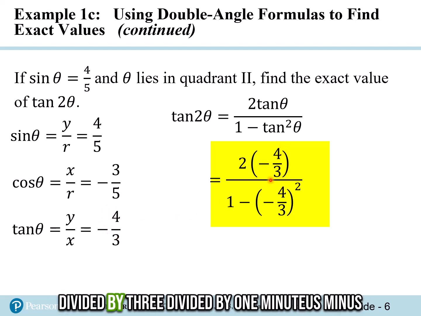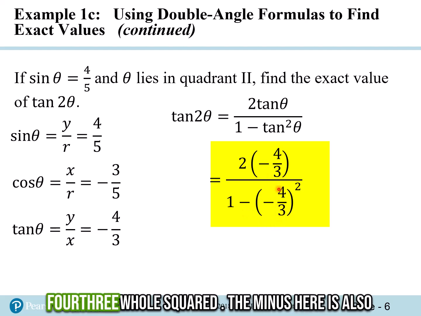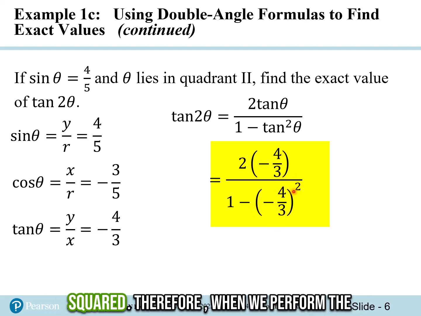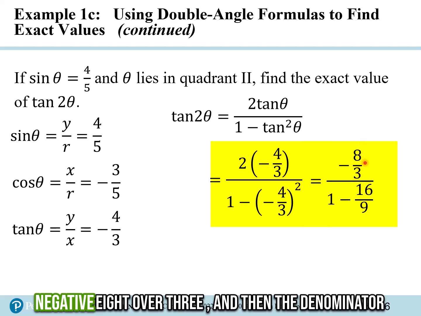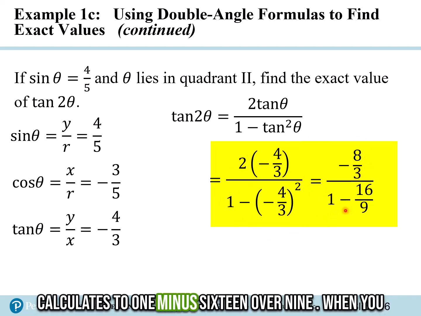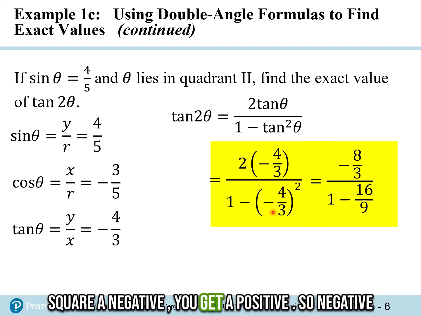Negative 4 divided by 3, divided by 1 minus negative 4/3 whole squared. The negative here is also squared. Therefore, when we perform the calculation, 2 times negative 4/3 is negative 8/3, and then the denominator calculates to 1 minus 16/9. When you square a negative, you get a positive.